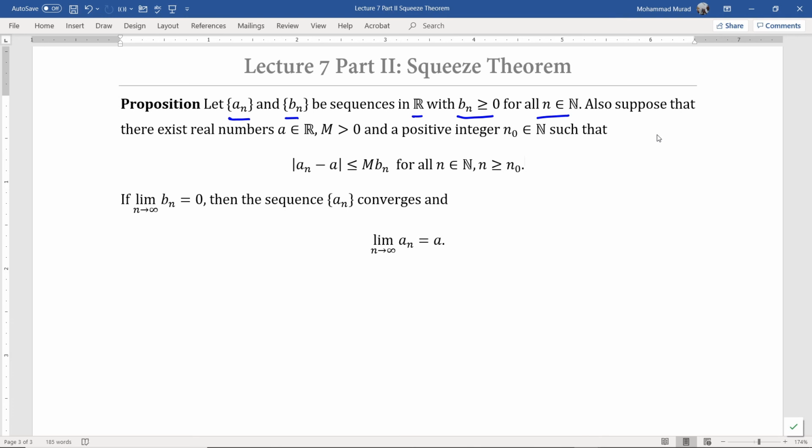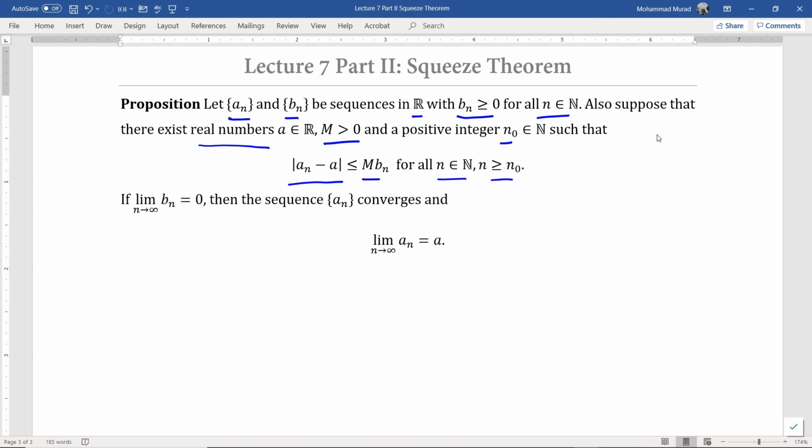Also suppose that there exist real numbers a and m, which is a positive real number, and a positive integer n sub 0 such that the absolute value of a sub n minus a is smaller than or equal to m times b sub n for all indices n greater than or equal to n sub 0.